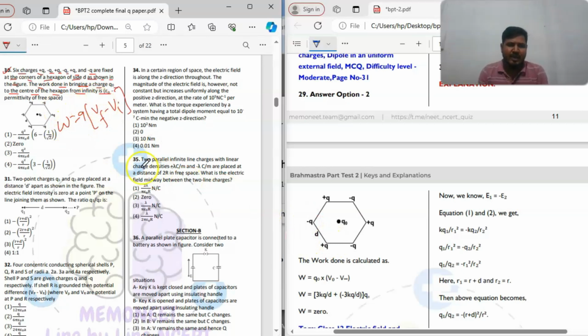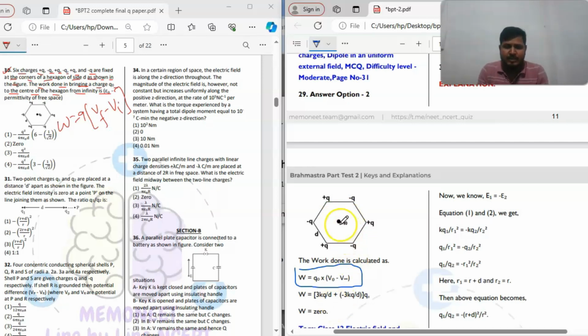Since we are bringing the charge from infinity, what will happen? At infinity the potential will be what? 0. So we have used this one, that is V naught minus V infinity. At infinity it will be 0. But what will be the potential at this point?